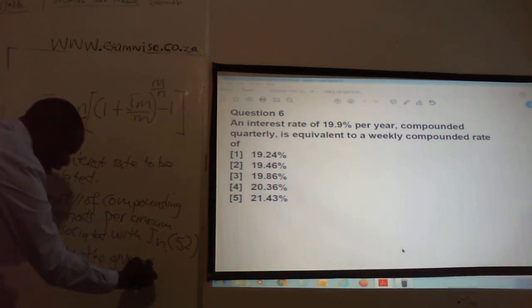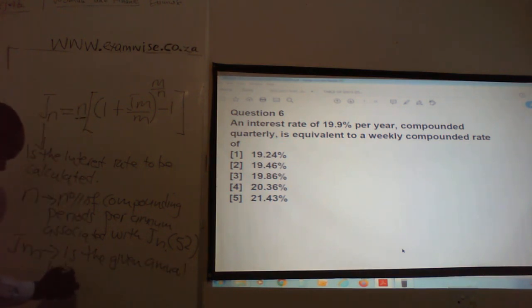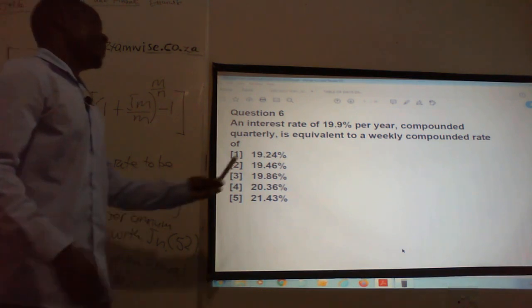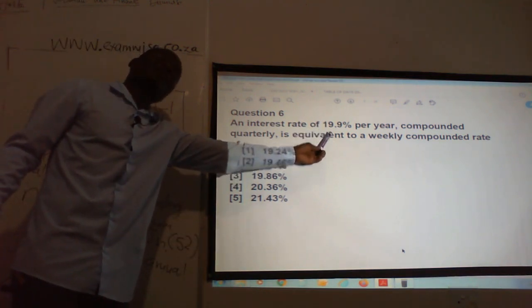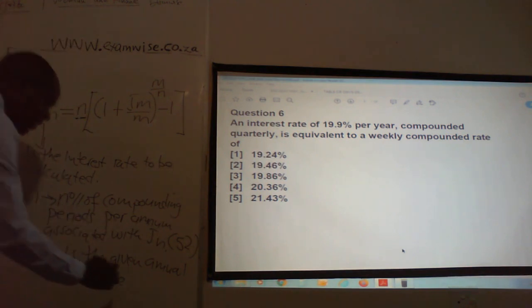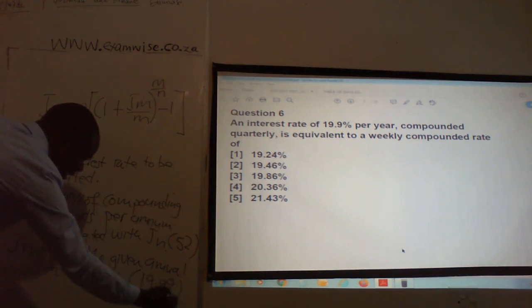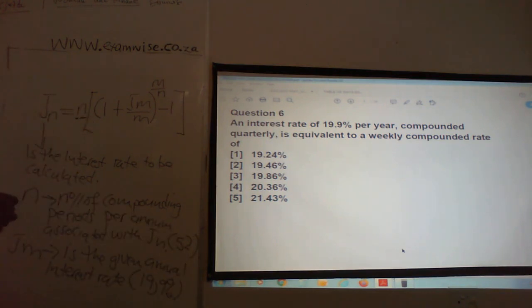Jm is the given annual interest rate. In this case, we are given 19.9%, so our 19.9% is our Jm, the given interest rate.